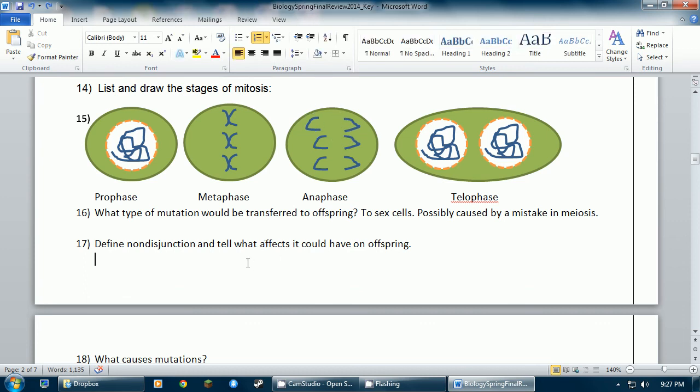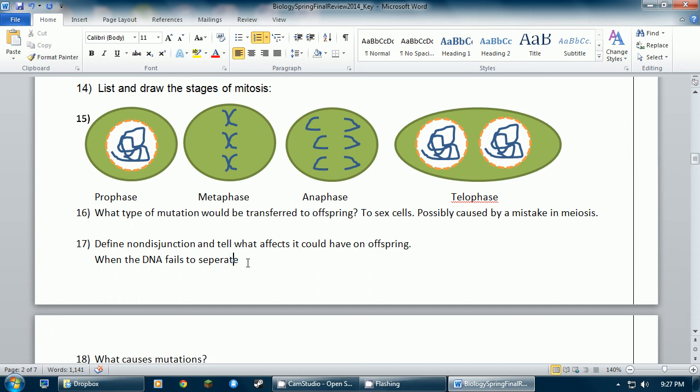Okay, so define non-disjunction: when the DNA fails to separate. Get it? Non to separate would be disjunction, which means to unjoin. We're not trying to trick you here. That's just how you break down the word.